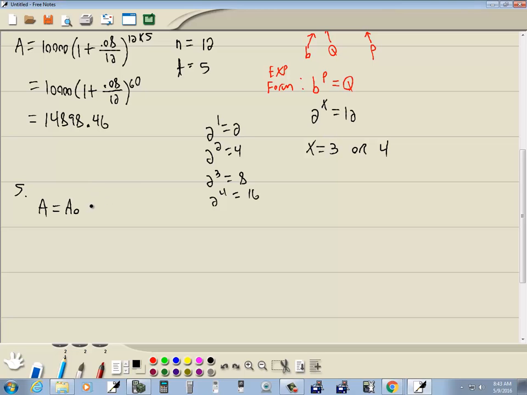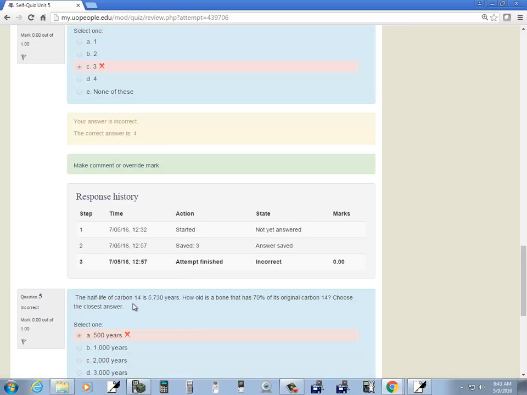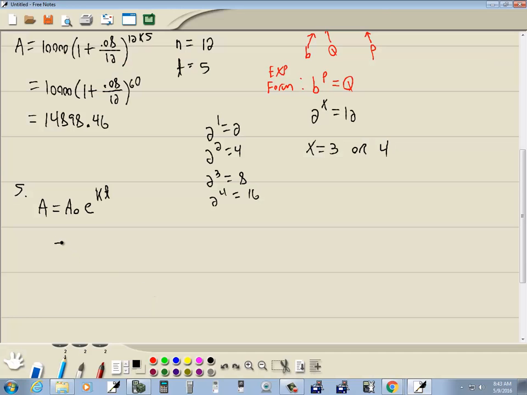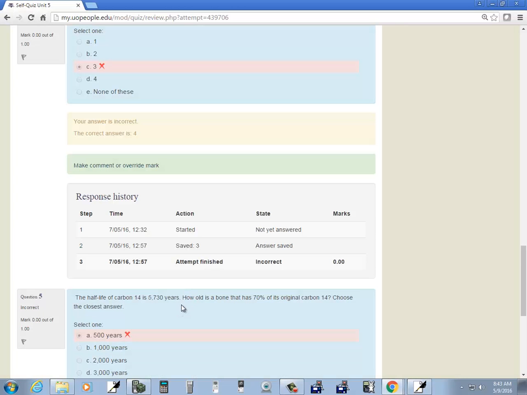I don't remember the formula, but these variables will do. Okay, half-life of carbon-14 is 5,730 years. So they're giving us T is 5,730. So that's our time.